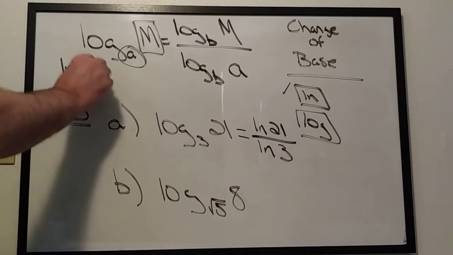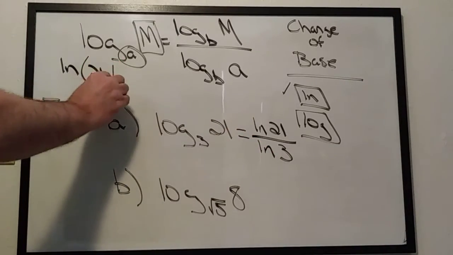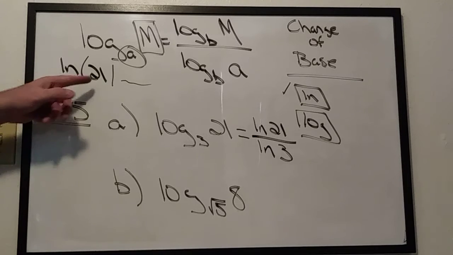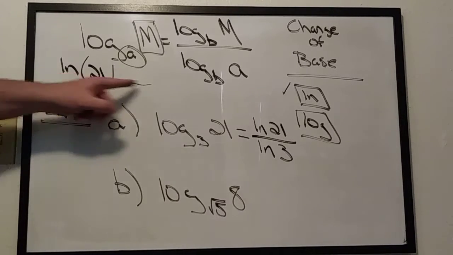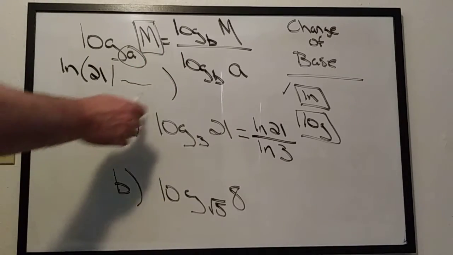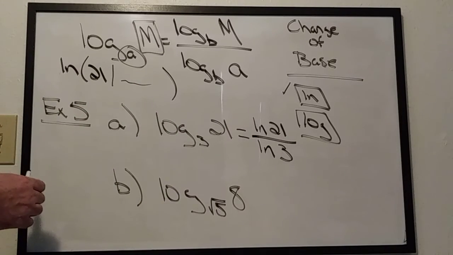And then if you type in 21, and then you keep on going and do that division symbol, your calculator is going to say, oh, all of this is supposed to be the argument of your original log. So your calculator will automatically close the parentheses after all of this.